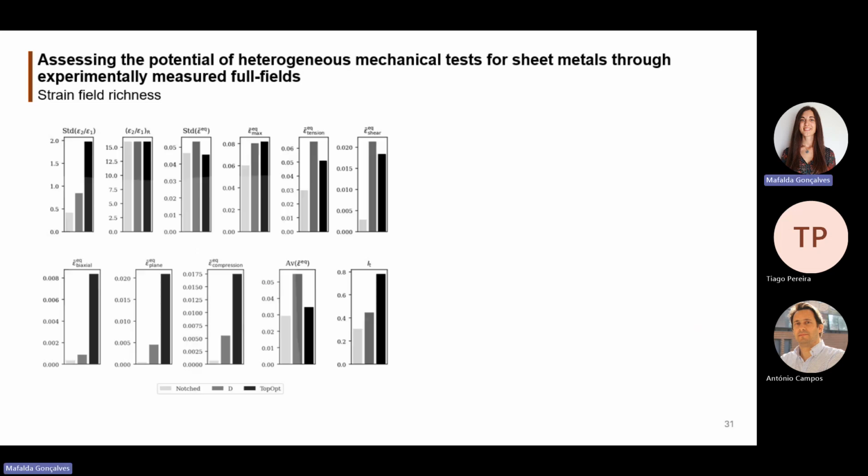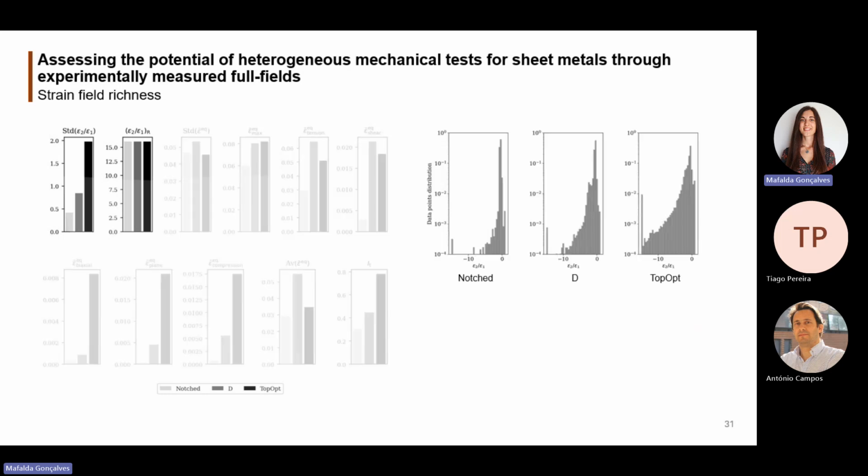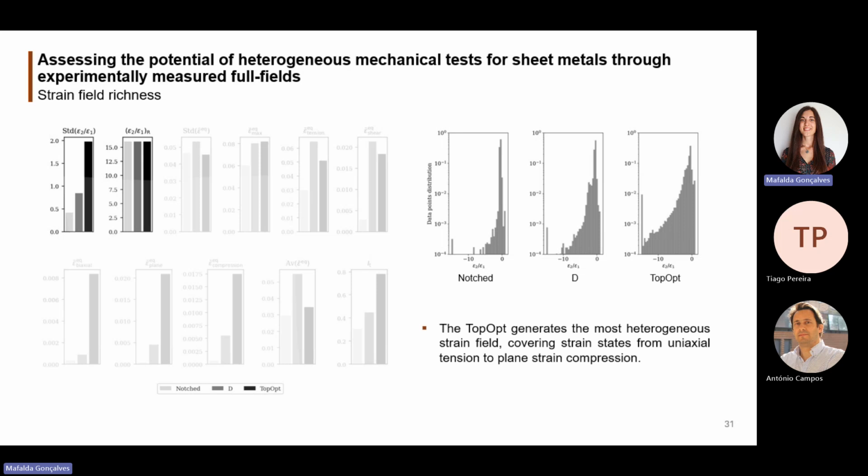The strain field richness indicator is now computed using experimental data from the last step before rupture. And focusing on the first 2 terms, the principal strain ratio is distributed in a histogram, and we can see that the topopt presents a more uniform distribution, which leads to the most heterogeneous strain field, covering strain states from uniaxial tension to plane strain compression.